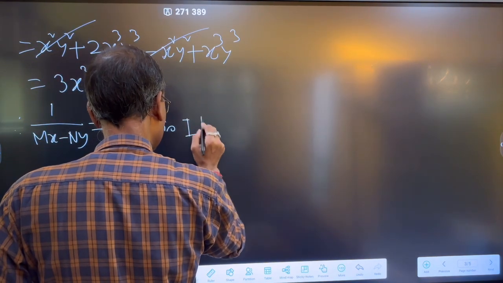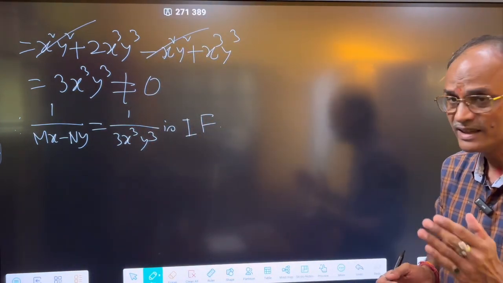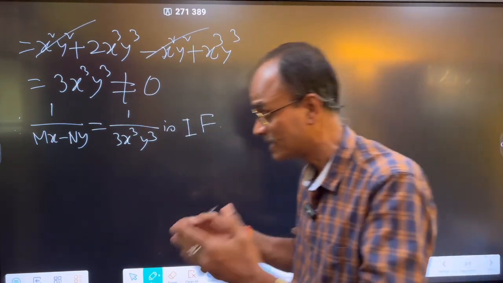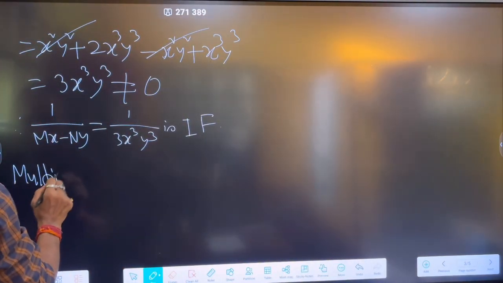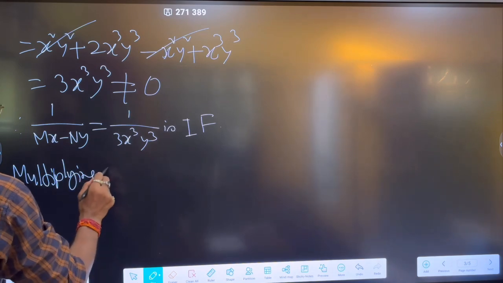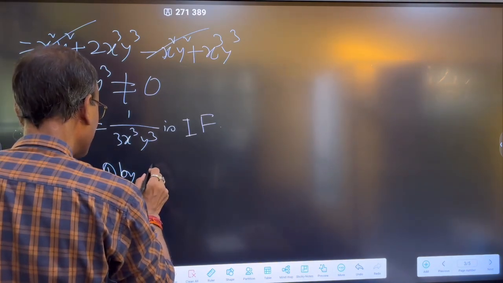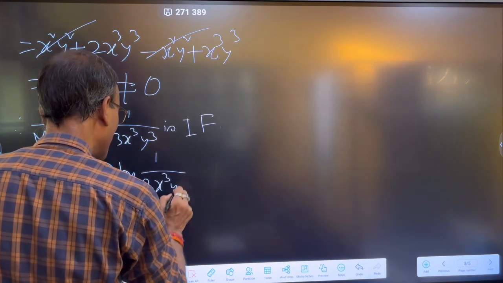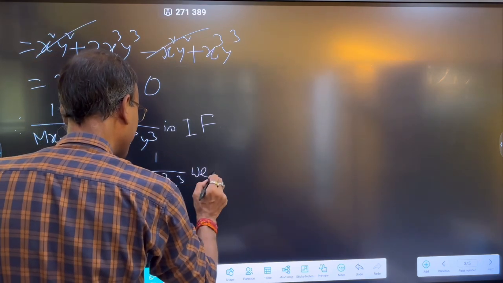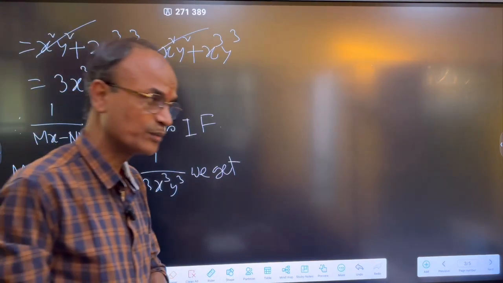Multiplying 1 by the integrating factor, which is 1 by thrice x cube y cube, we get.